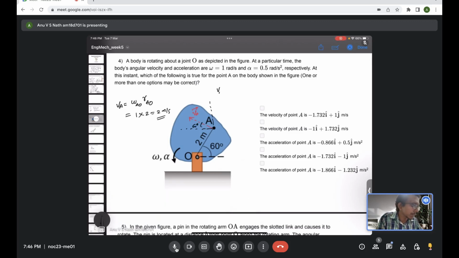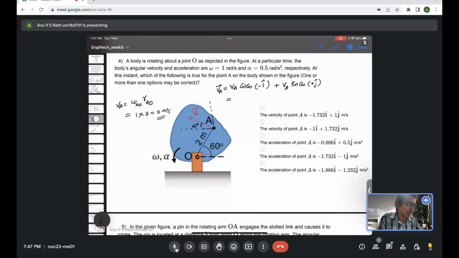So the velocity of A will be its magnitude times cos 60 in the negative i direction, the left direction, and velocity of A times sin 60 in the plus j direction.